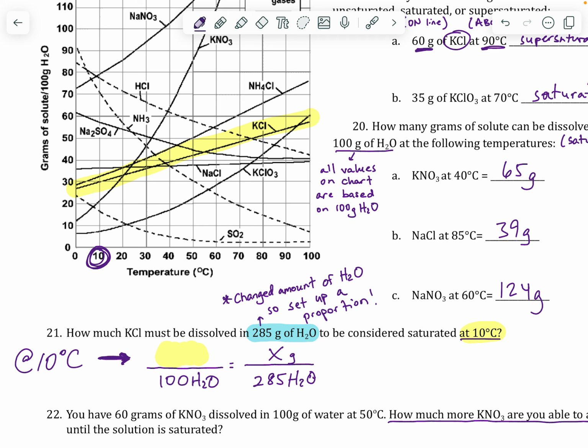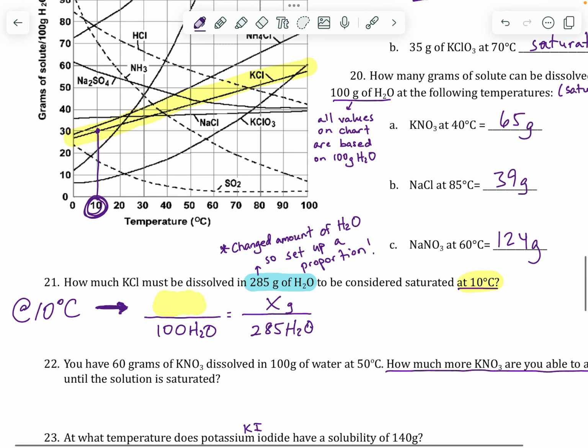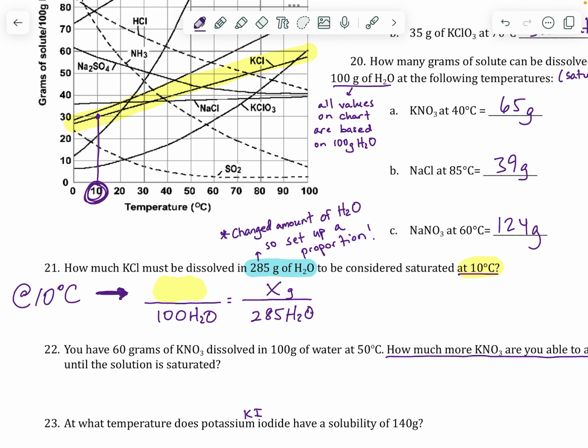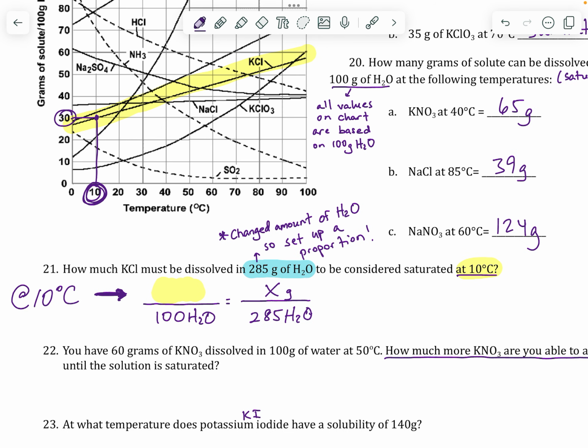I'm going to take that 10 degree mark and go all the way up until I hit KCl to figure out how much I can dissolve in 100 grams of water at that temperature, and I see that I can dissolve 30 grams. So if I can dissolve 30 grams in 100 grams of water, then I can figure out X, how much I can dissolve in 285. Anytime we have a changed amount of water, we can set up a proportion this way. And all we have to do is cross multiply to solve it, right?